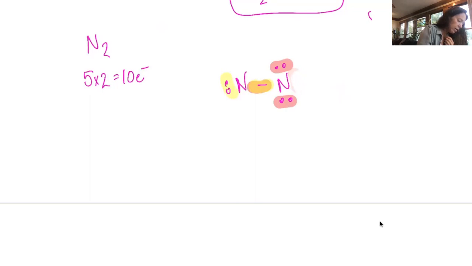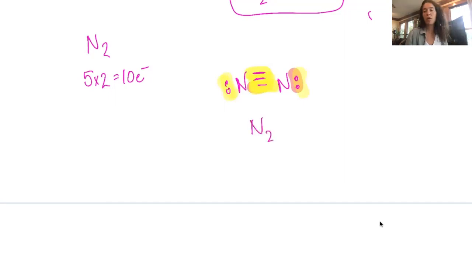We need to get rid of those and put them here. And let's get rid of those and share those as well. So now you can see that each one has 2, 4, 6, 8, 2, 4, 6, 8. And we have N2. So very strong bonds, very short, very strong, okay?